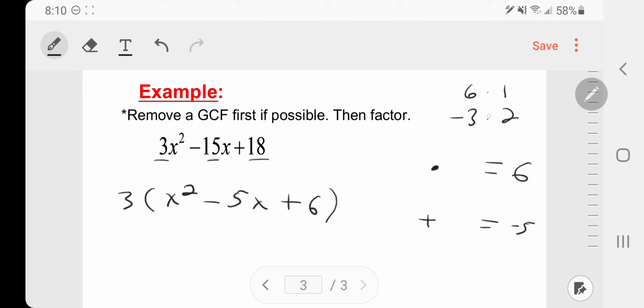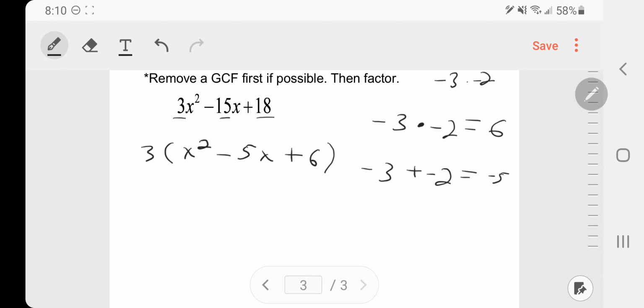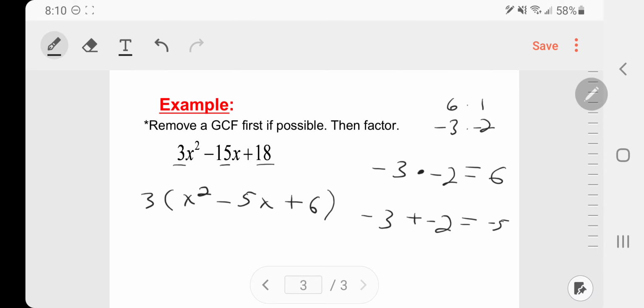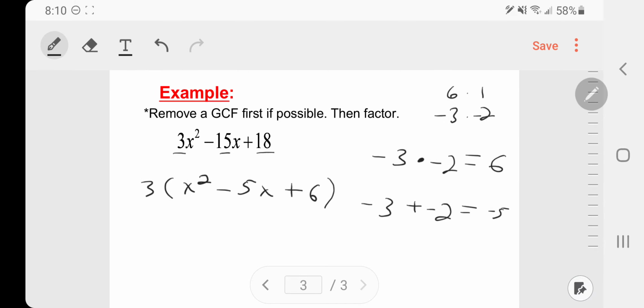So what I'm going to do is use negative 3 and negative 2. Negative 3 times negative 2 gives me a positive 6, and negative 3 plus negative 2 gives me a negative 5. So again, you had to work that around a little bit to figure out what it was going to be. There's no combination of these negatives that would have given me the correct thing, so I'm going to go with this one.